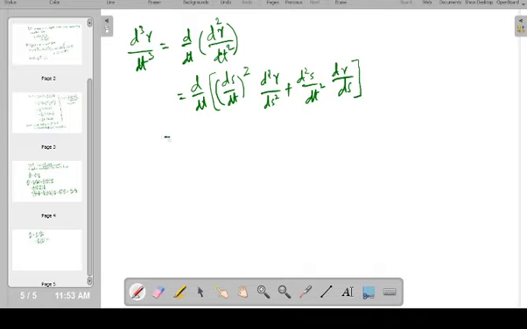So this is equal to, now let us differentiate. So derivative of the first term plus derivative of the second term.